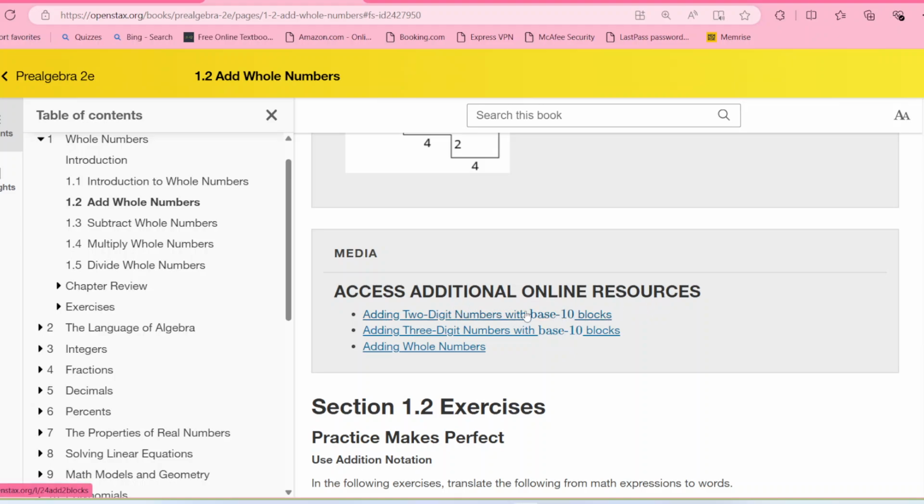And these are links to other sites, other videos where they show you how to add 2-digit numbers with base 10 blocks, how to add 3-digit numbers with base 10 blocks, and then another resource on adding whole numbers. So I suggest you check those out, take notes, follow along. Hopefully those help you out as well.